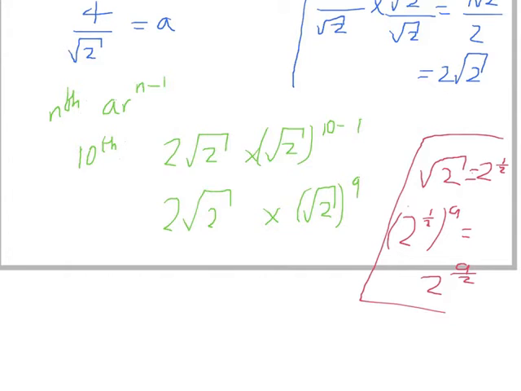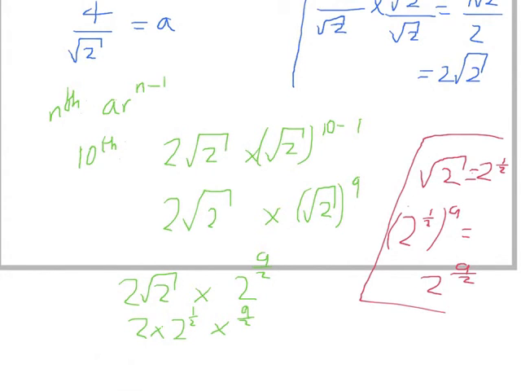So now I'm going to substitute this by what we've just found. So 2 root 2 multiplied by 2 to the power of 9 over 2, and if we convert our root 2 here to a half, we're going to have 2 times 2 to the power of a half times 2 to the power of 9 over 2.